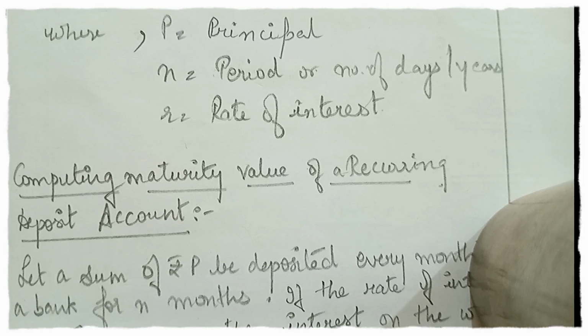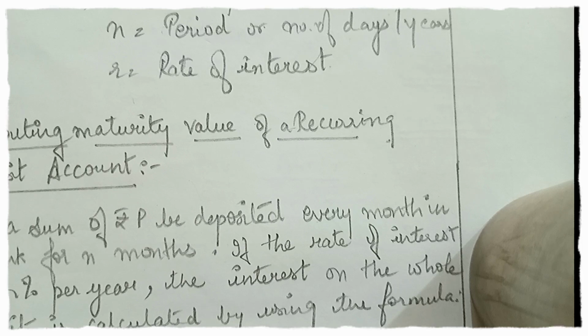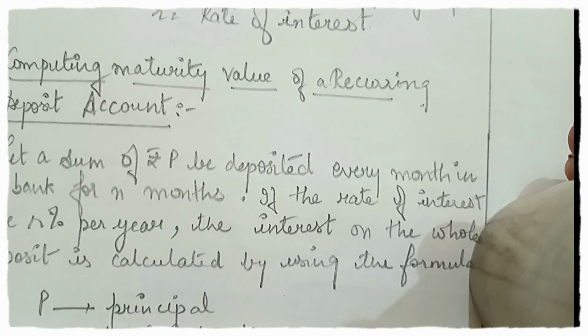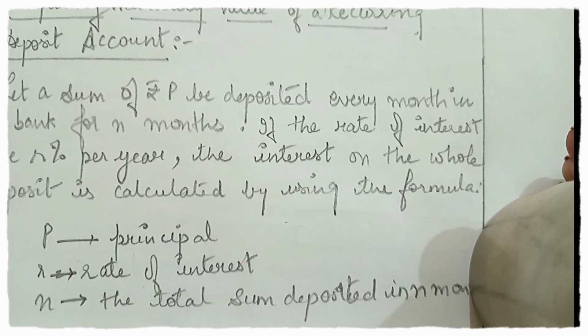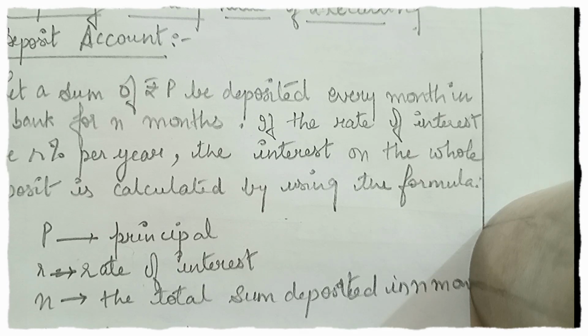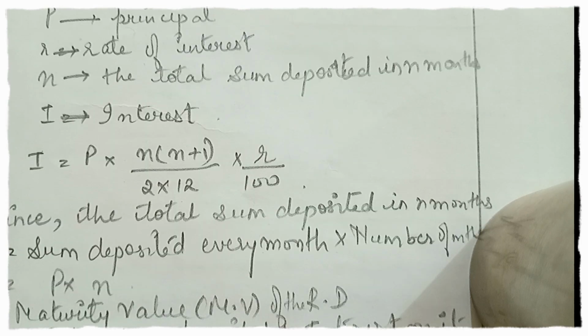For computing maturity value of a recurring deposit account, an example I'll state is, let a sum of rupees P be deposited every month in a bank for N months. If the rate of interest be R% per year, the interest on the whole deposit is calculated by using the formula: P, principal, R, rate of interest, and the total sum deposited in N months, I, the interest.